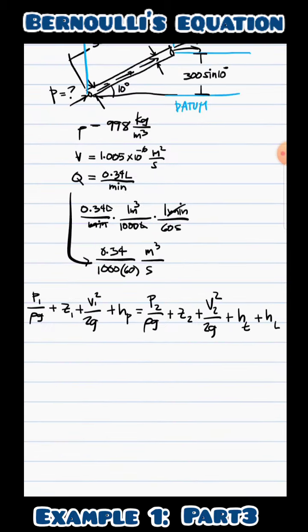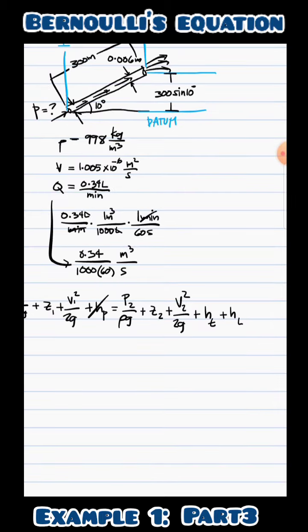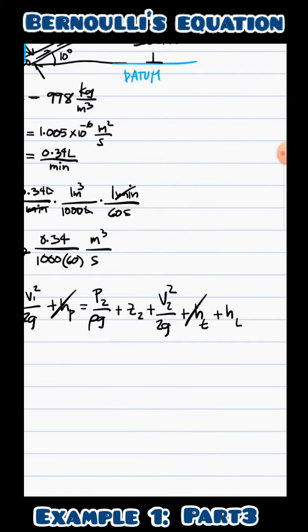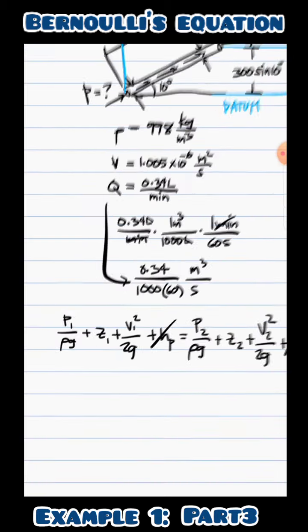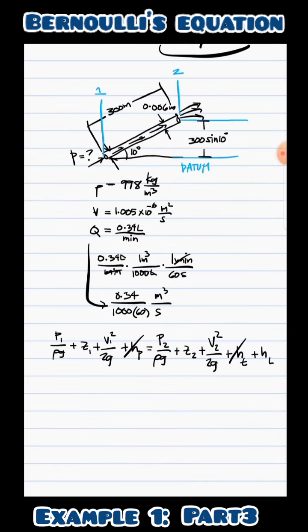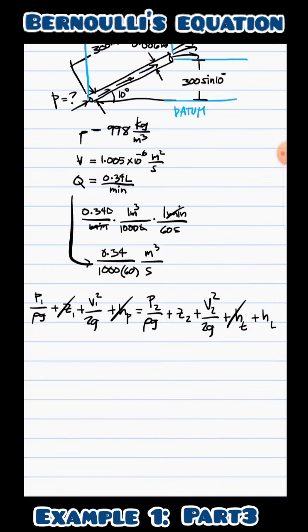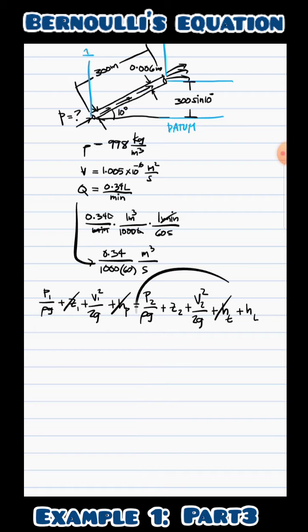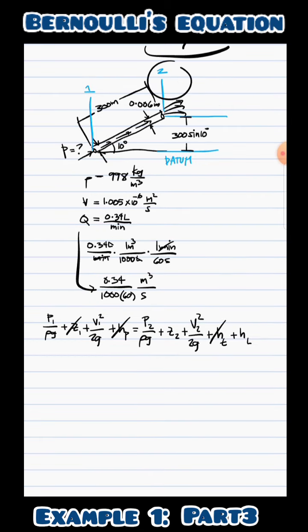Right away we can say there is no pump, so that term will cancel. There's no turbine. The elevation at point 1, since that's the reference point, is 0. And also at point 2, there's no pressure acting because it's open to the atmosphere, so P2 will be 0.